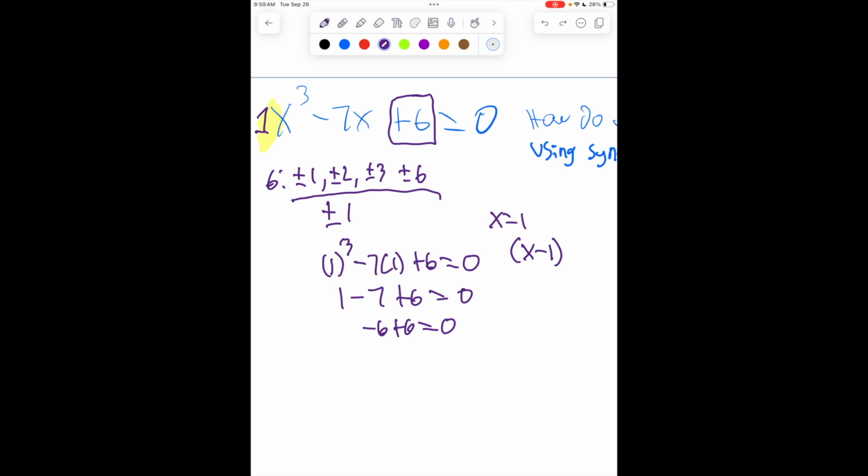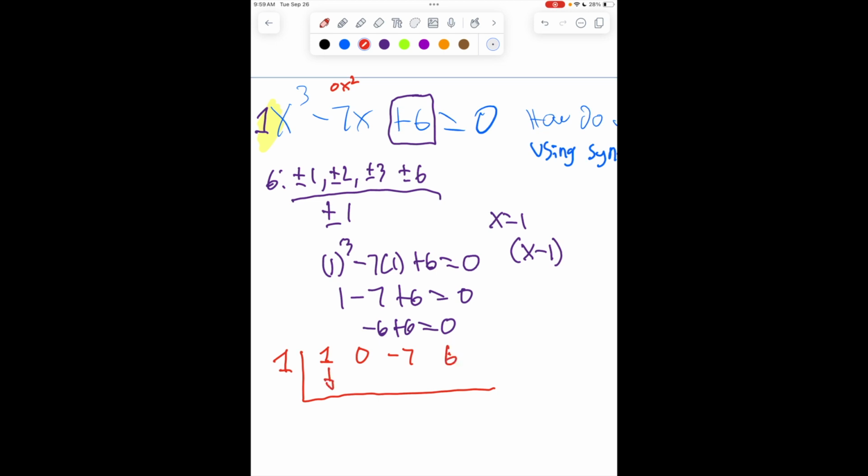So once I know that I've got a factor like this, I can use synthetic division to help narrow it down. I put 1 out here. My coefficients are 1, and I have to remember that placeholder: I skip x squared, so I use 0 here, then -7 and 6.